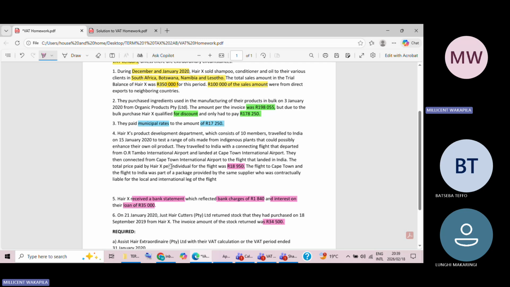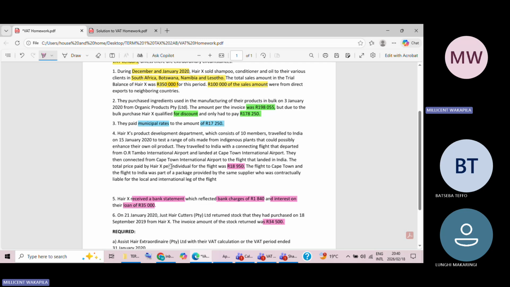Sometimes they won't tell you that an amount excludes VAT or includes VAT, but when an amount comes from an invoice, or they say that the company was invoiced or got an invoice amount, it means that the invoice includes VAT. So your tax fraction would be 15 over 115.